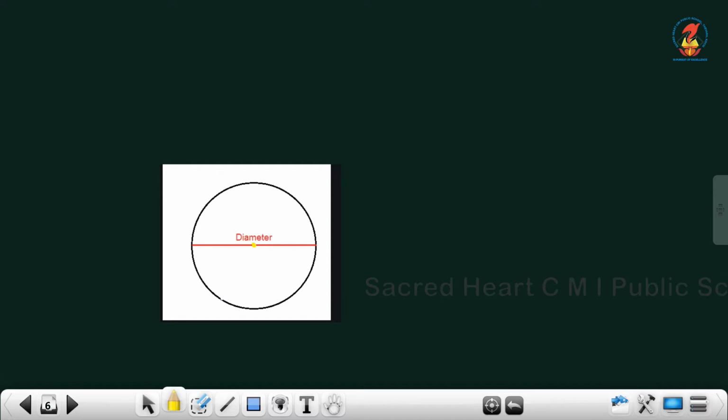Just look at the figure. This is the center of the circle, and the endpoints, the starting point and ending point of the line segment, are on the circle. So this is the diameter of the circle. Line segment passing through the center of the circle is the diameter. So this is also a diameter.